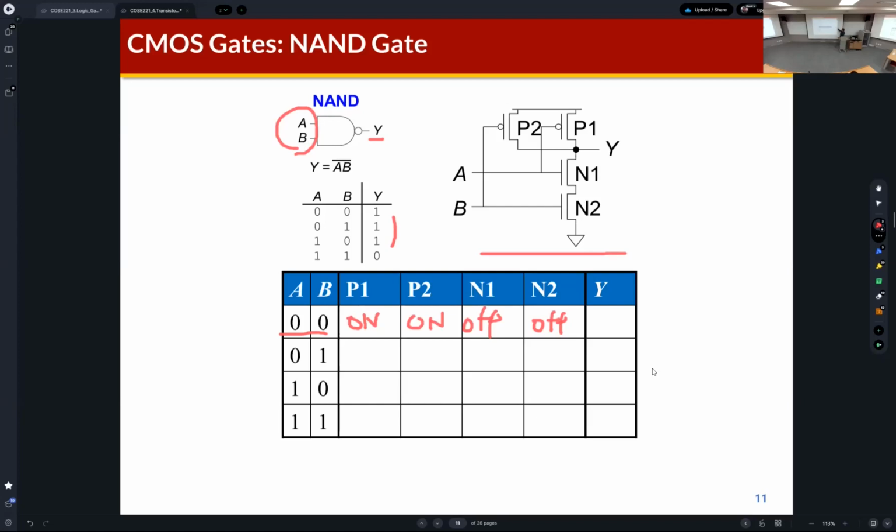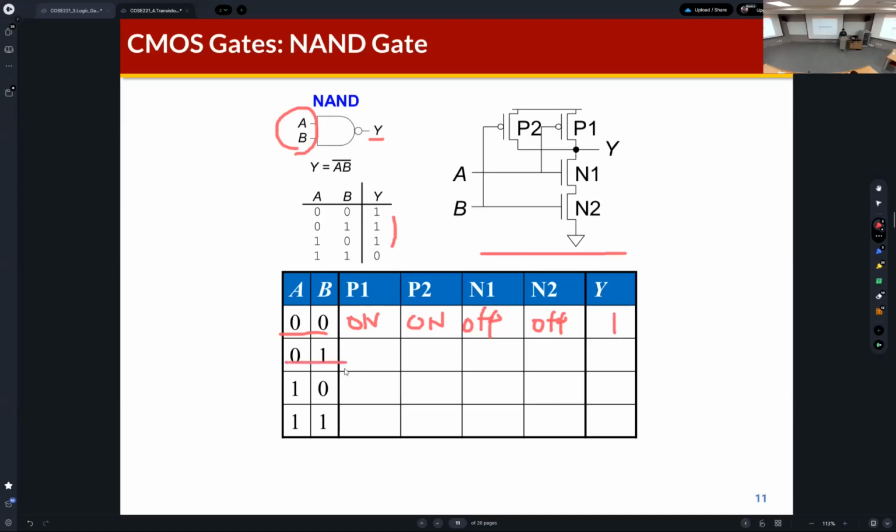Okay, which means that Y is disconnected from ground. And then because the two PMOS transistors are turned on, Y is connected to the VDD. So Y is 1.